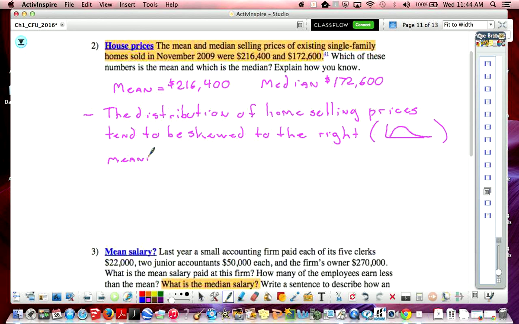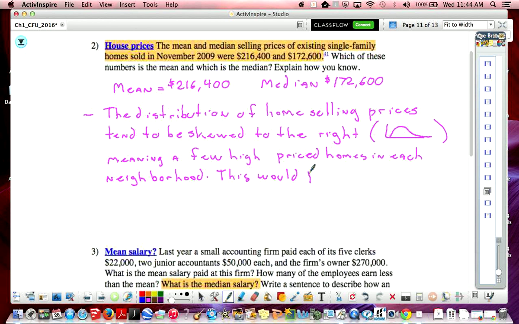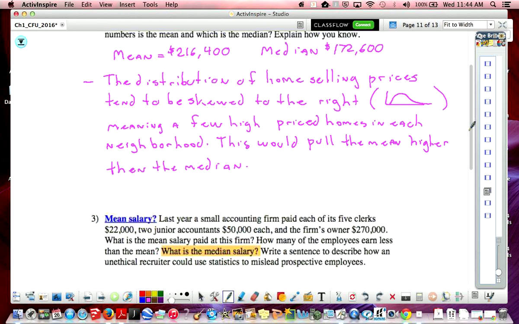Meaning a few high-priced homes in each neighborhood would pull the mean higher than the median.